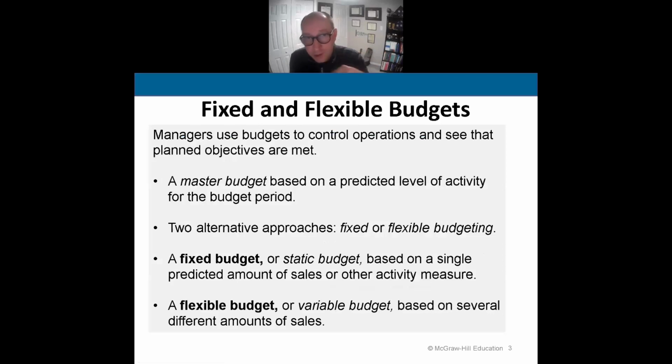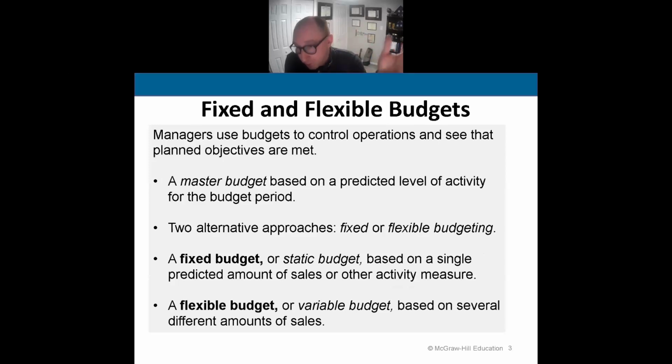Through the master budgeting process that we just talked about, we create the sales budget and then the production budget, which leads into the direct materials budget, direct labor budget, the factory overhead budget, which then, of course, goes down to the selling administrative budget, capital expenditures budget, and ultimately the cash budget.